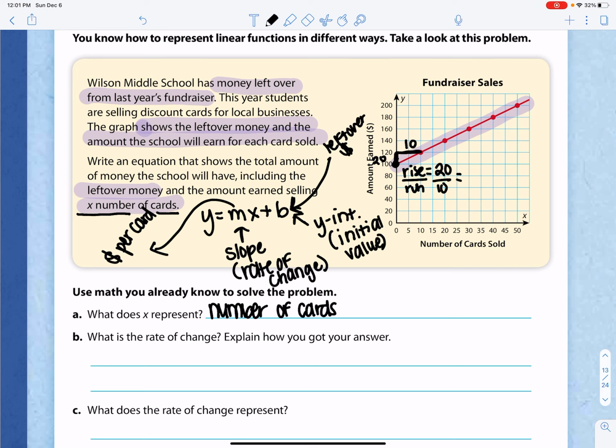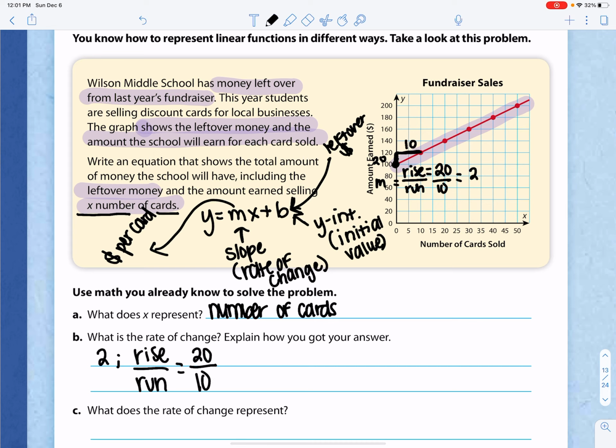Rise over run is our slope, which is our m, and 20 divided by 10 is 2. So our rate of change is 2, because rate of change is the same thing as rise over run. Our rise from one point to the next was 20, while to get from one point to the next, we run over 10 units.